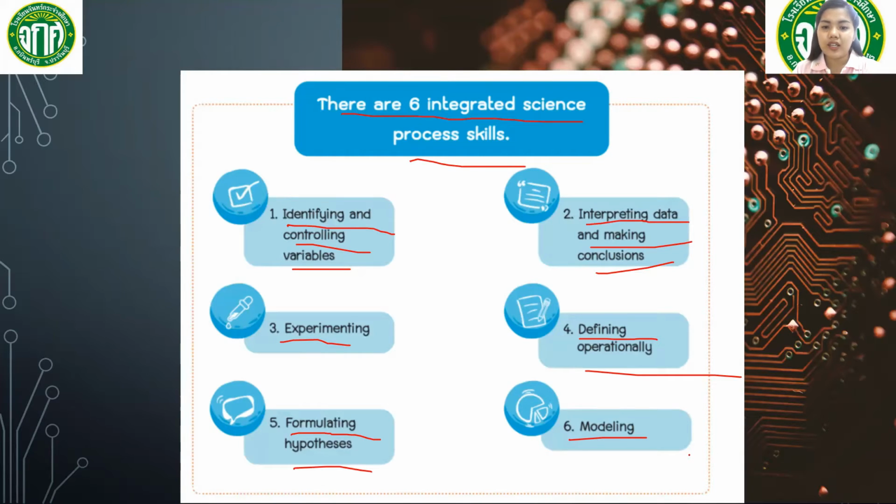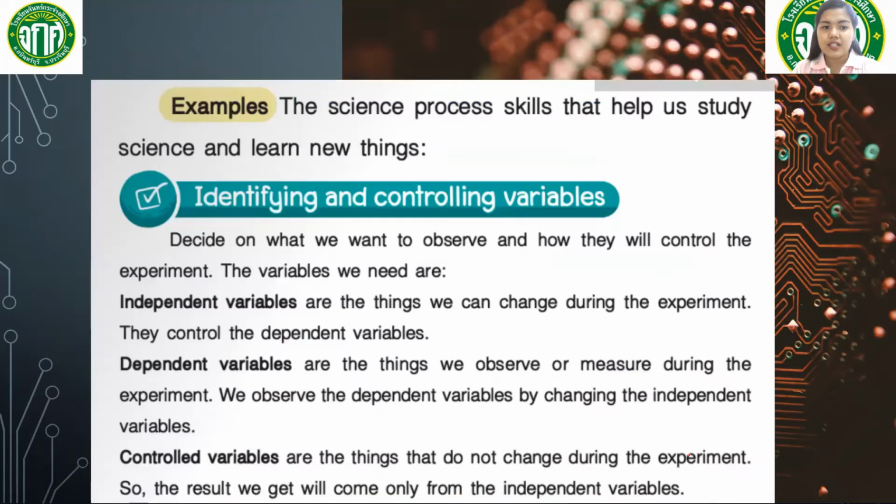Now let's see the definition of each process. These science process skills help us study science and learn new things. The first one is identifying and controlling variables.